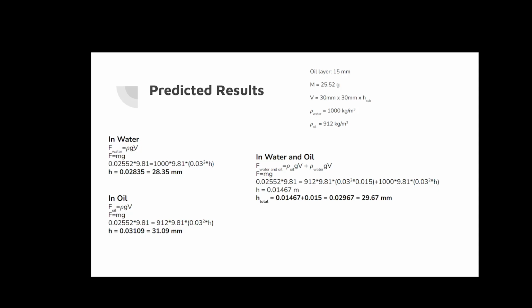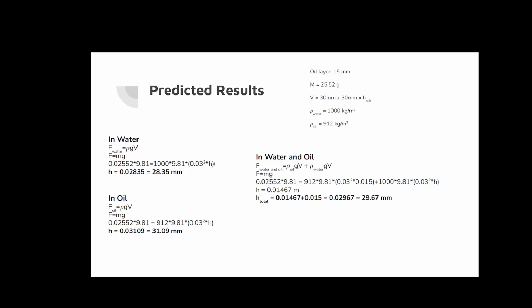So we have to do a force balance equation, mg equals rho g V. So we have the mass of the cube in kilograms times the gravitational acceleration equals density of the water times gravity times base squared, that is 30 millimeters times 30 millimeters, times the height.